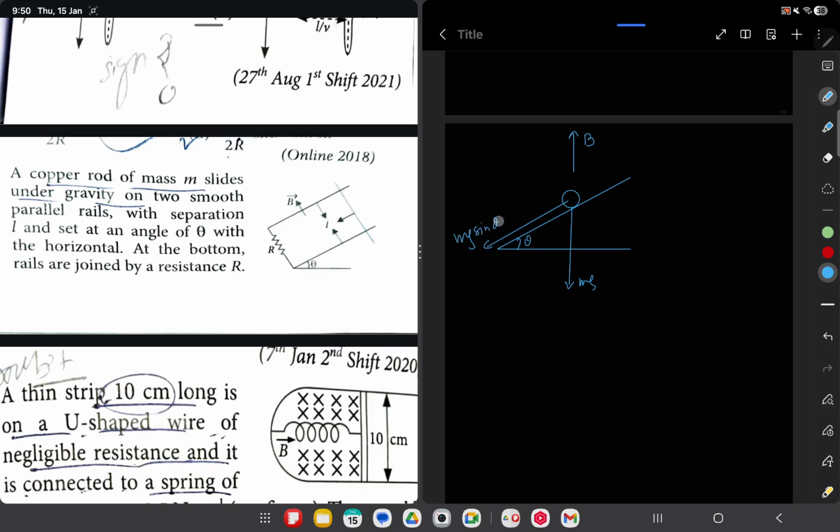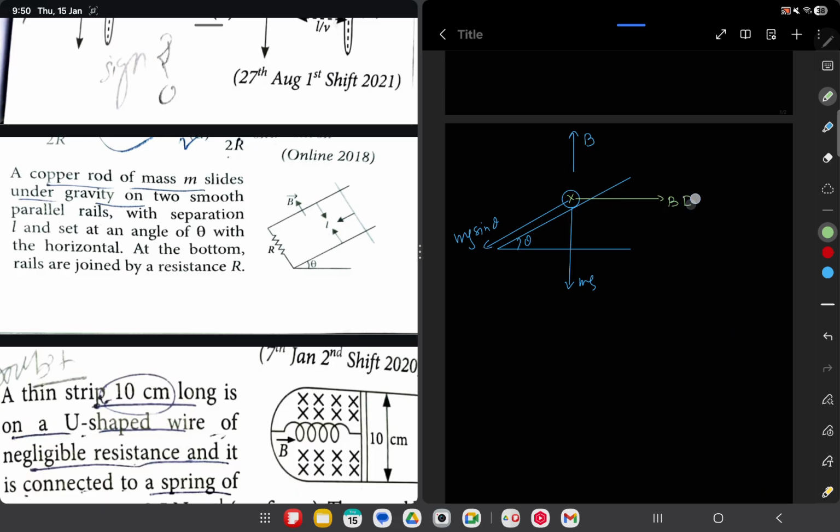This will be mg sine theta. Now if you assume that B is along this direction, then I is along the inward direction, then you just apply your right hand palm rule or left hand rule. B is upward, I is inward, so your force will be along this direction, right?